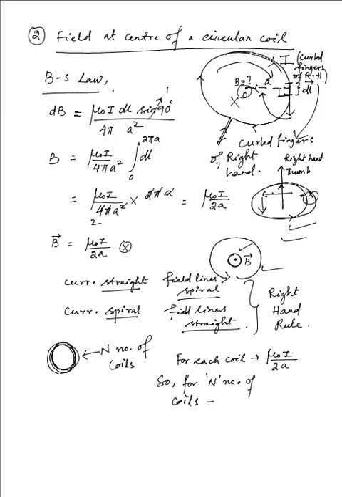So you have the net magnetic field in this case to be equal to B1 for the first coil, then B2 for the second coil, and B3 for the third coil, and so on up to Bn for the nth coil, each having the same value for the same radius and for the same amount of current. Obviously this is a single coil which has been coiled multiple times for that same radius a.